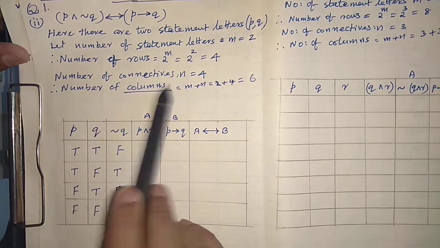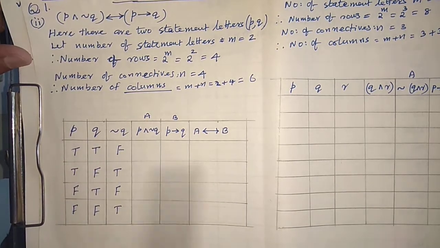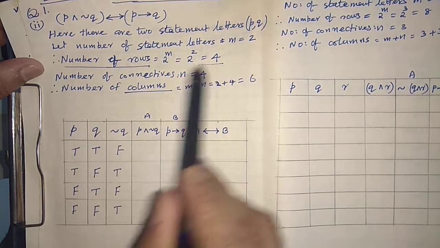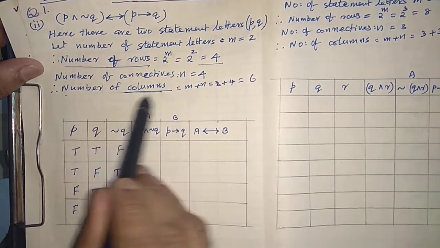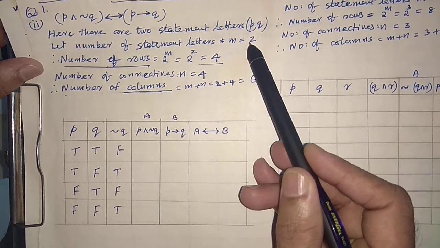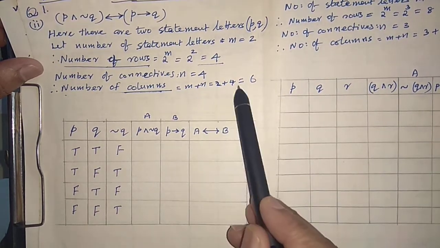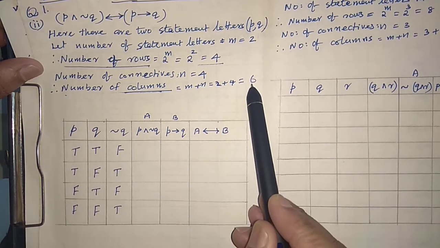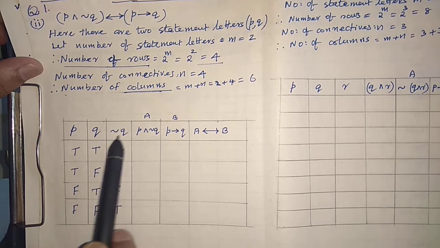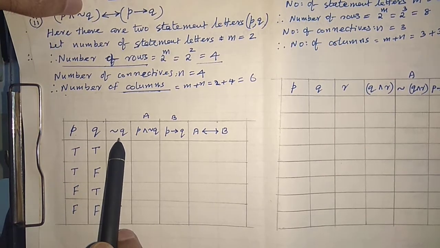The number of rows, as we have seen, is 4. The number of columns is equal to m plus n, which is 2 plus 4, so 6. These are P, Q, negation Q.